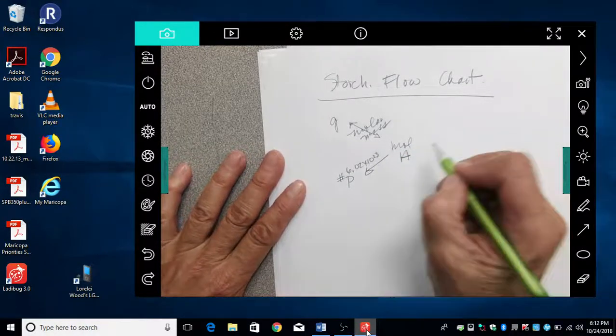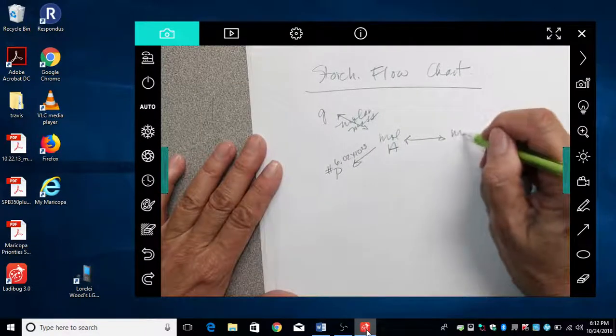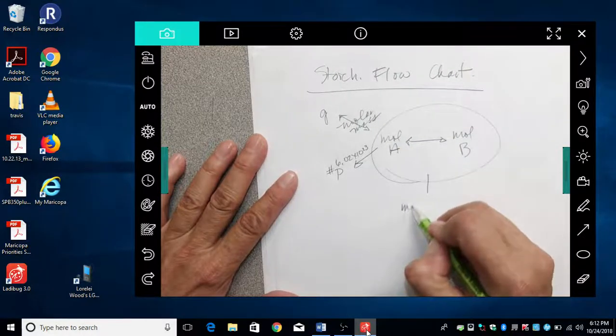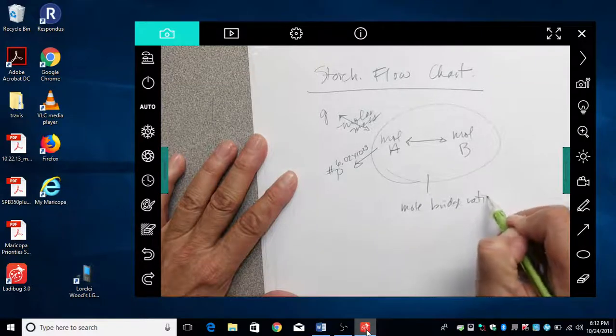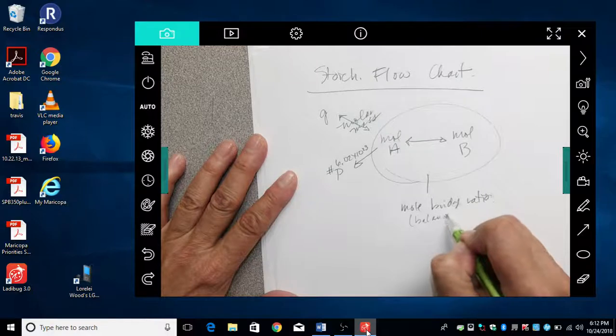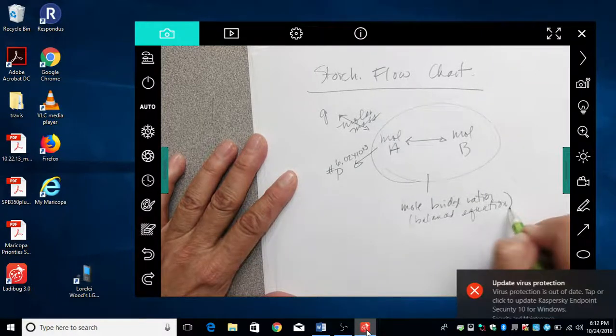Well, now we're adding a component to our stoichiometry flowchart. We're going from moles of A to moles of B, and this is called the mole-bridge ratio. And the mole-bridge ratio comes from the balanced equation, the coefficients that are in front of the balanced equation.